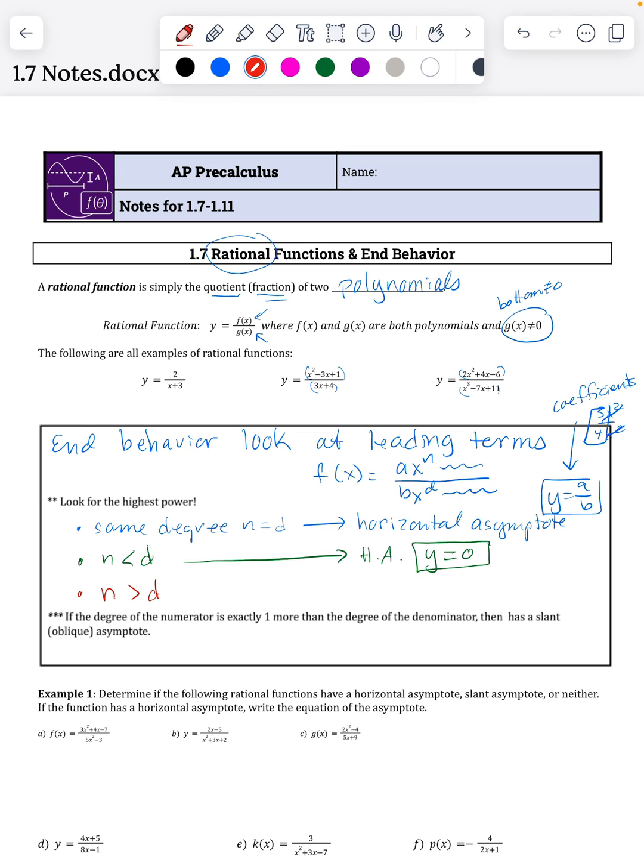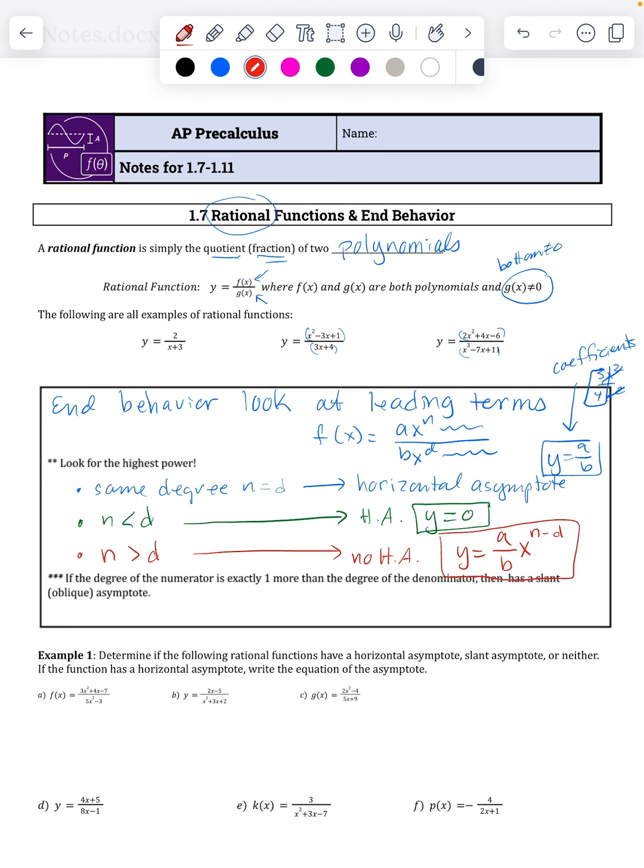That one gets tricky because we don't have a horizontal asymptote. The ends will go towards the coefficient of the top over the coefficient of the bottom, and then the power of the x becomes the top one minus the bottom one. So that one's a little bit tricky to think about.